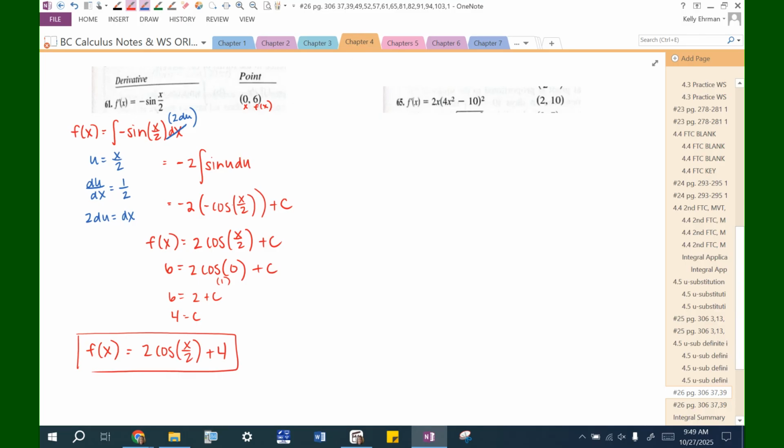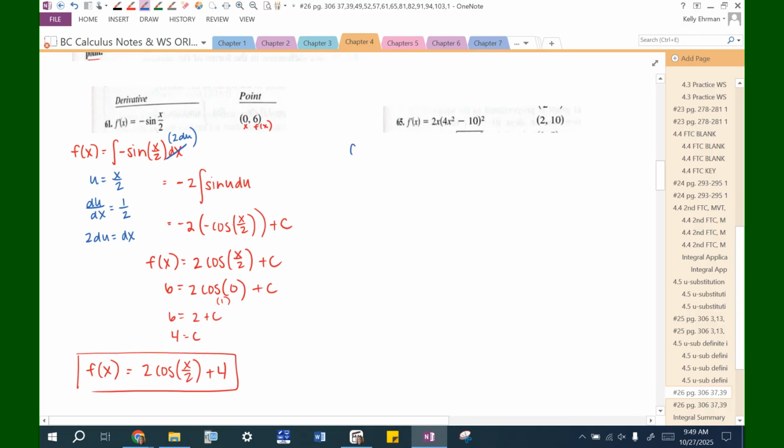All right, same thing for 65. So begin by saying, well, f of x will equal the integral of 2x times 4x squared minus 10 squared dx. That's going to take some u substitution. So we're going to let u equal 4x squared minus 10. du dx equals 8x. du divided by 8x equals dx.